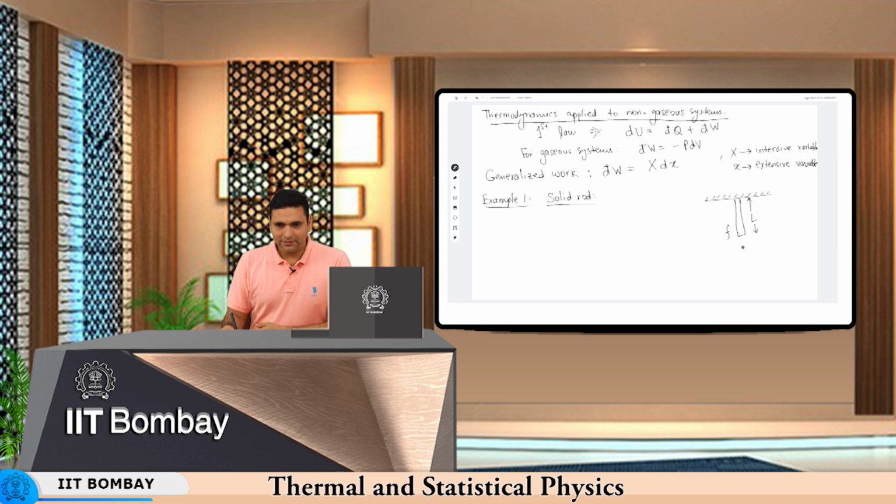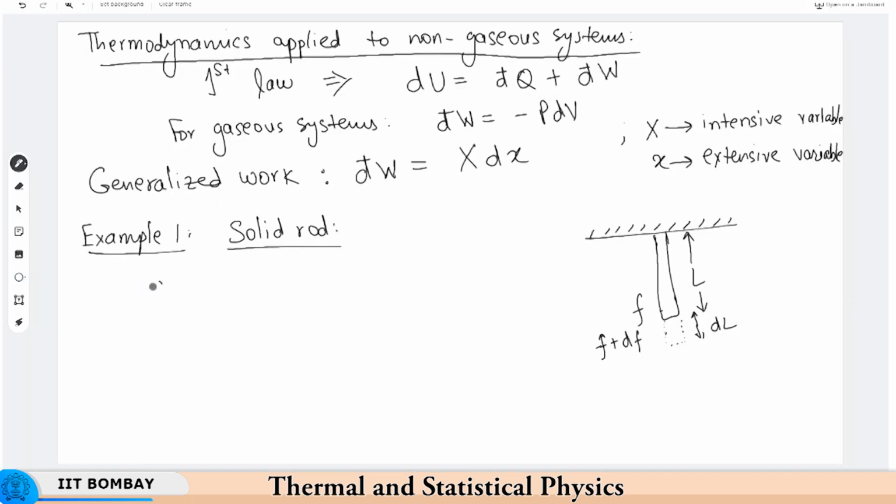And say we apply a slightly greater amount of tensile force. This is a tensile force because it is stretching the rod. So, if I apply F plus dF to this system, if I add a little bit more load, then the length of the rod changes by dl. Clearly, in this case the work done, the generalized work X dx that we defined, becomes the tensile force multiplied by the change in length.